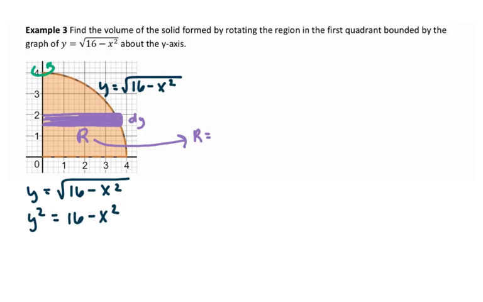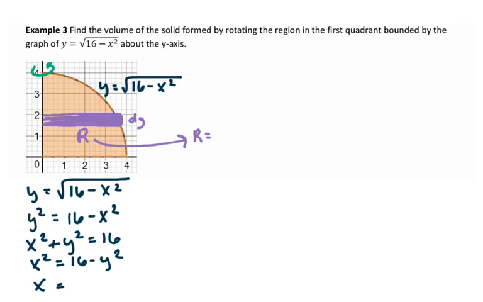And then you have a couple options here. I'm going to add x squared over with y squared. And then I'm trying to solve for x here to get it in terms of y. So I'm going to subtract y squared. And then I'm going to square root.